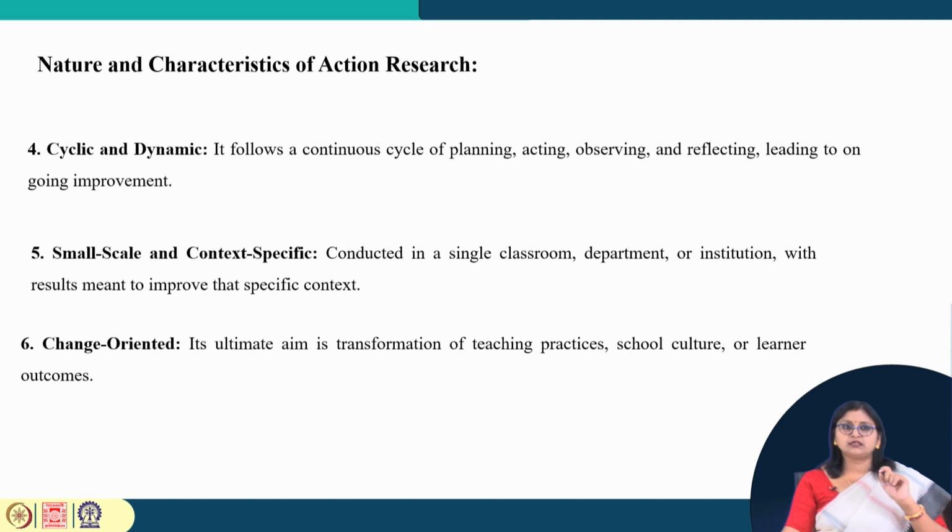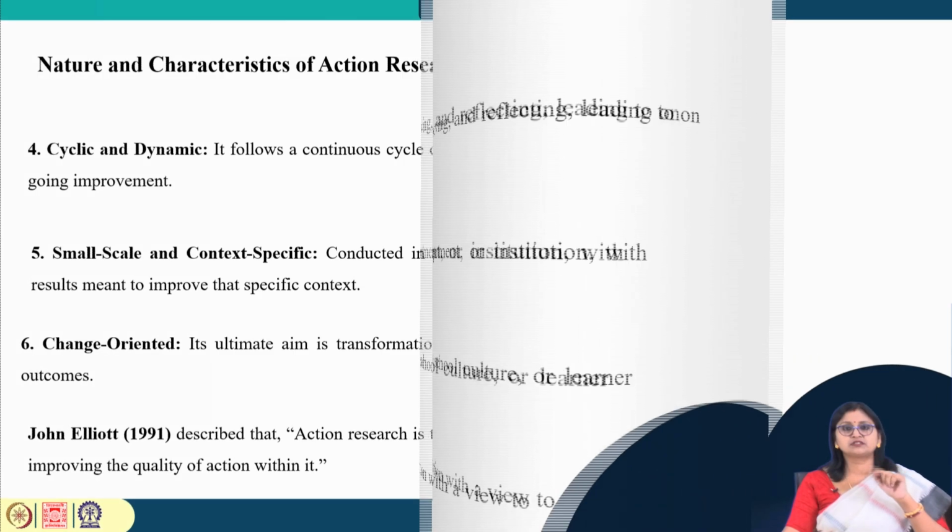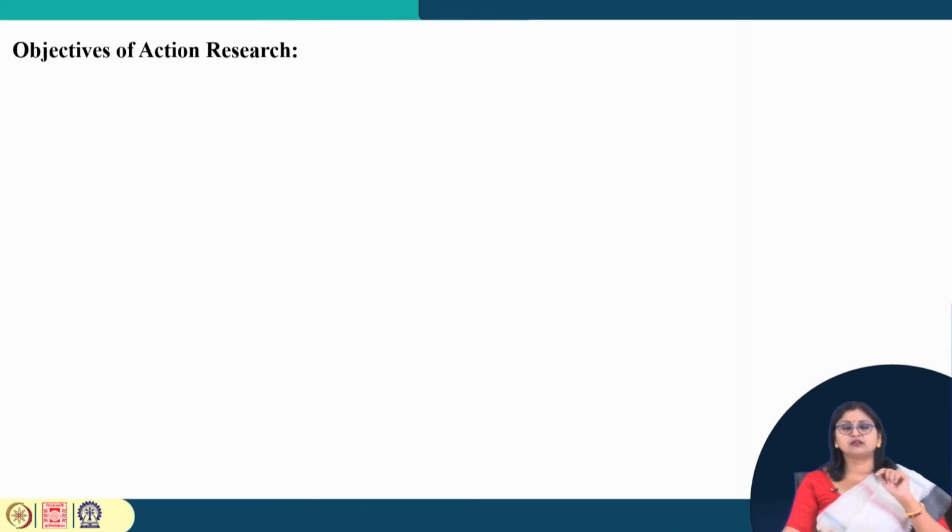It ultimately aims at transforming teaching practices, school culture or learners' outcomes. John Elliott in 1991 described action research as the study of a social situation with a view to improving the quality of action within it. It means in whichever system you are working, you can conduct the action research in that system only.